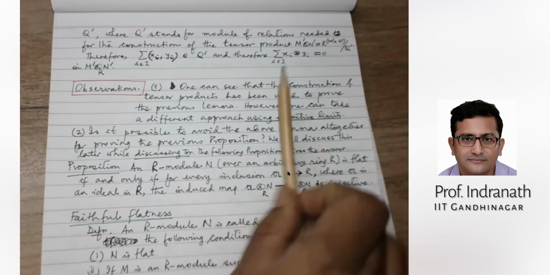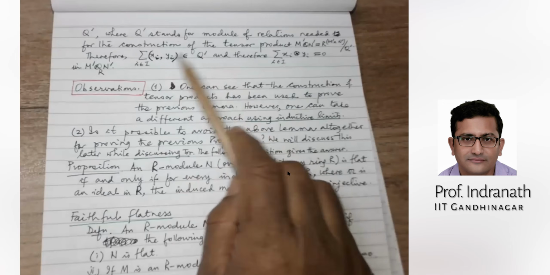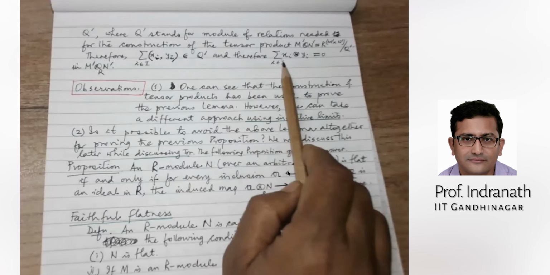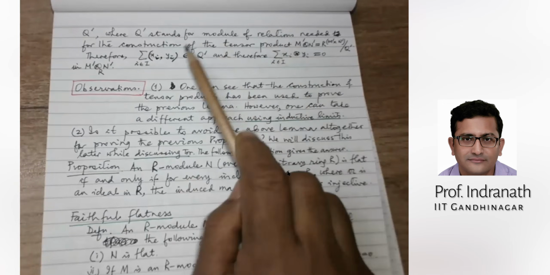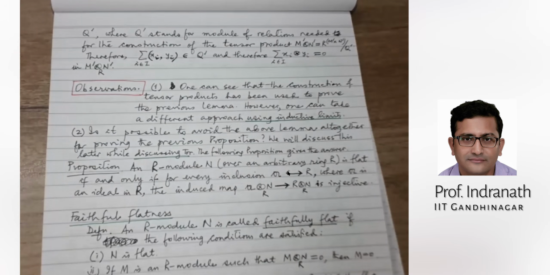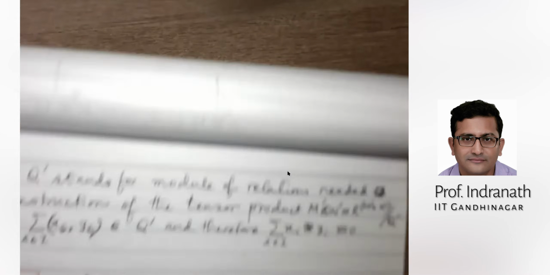Therefore this belongs to Q dash. That means in the tensor notation, this is 0 in M dash tensor N dash. That's all you want. Once you have that, and you know what your M dash and N dash are, then obviously you know the map. Let me go to the previous page once again.